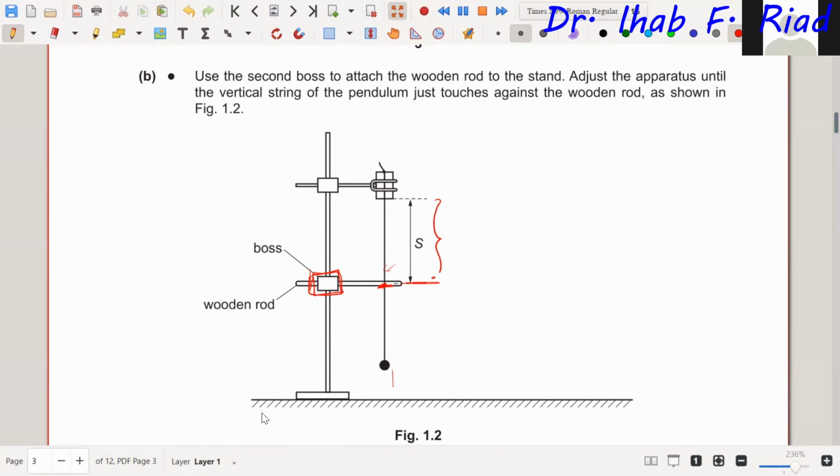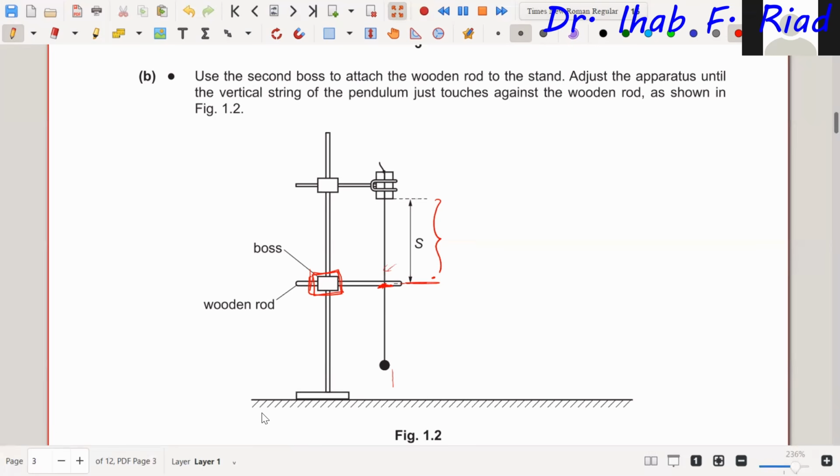But what we are going to do is time at least 10 oscillations. Why do we do that? If we try to time one oscillation, it is going to be very short and very quick.